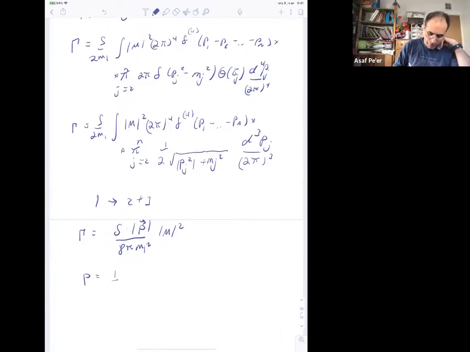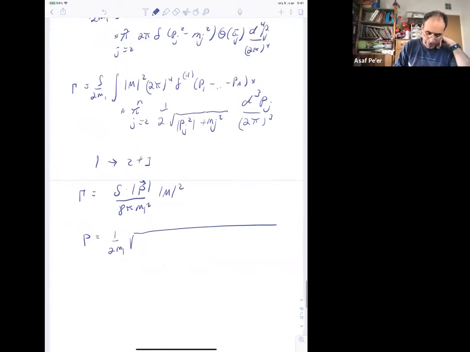It's just 1 over 2 m1 times this long formula: m1⁴ + m2⁴ + m3⁴ − 2 m1² m2² − 2 m1² m3² − 2 m2² m3².